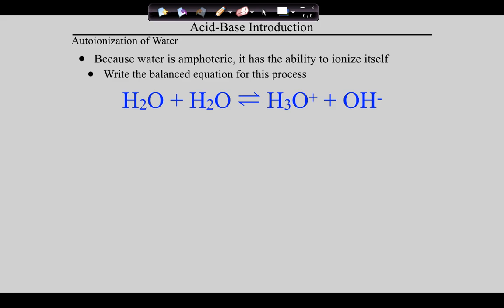Okay, so you can picture it. But what you've got here is two water molecules that come together, and one of these hydrogens leaves with the water, and you end up with an OH and an H3O, right? Okay, so you're good. Here's what I need you to do then. Write the Kc expression for this equilibrium.